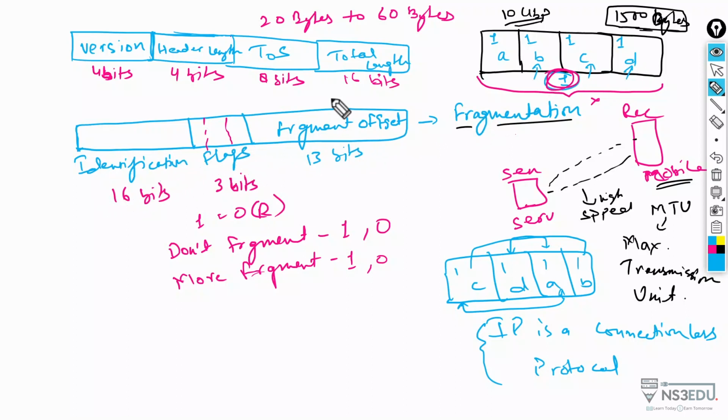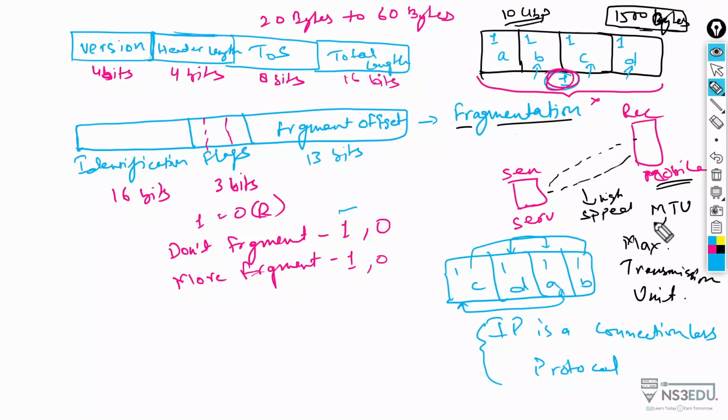Identification is used to identify the whole packet, and fragment offset is used to identify the fragments of that whole packet. Flags are used to notify the destination about don't fragment, which means we have no fragmented packets.